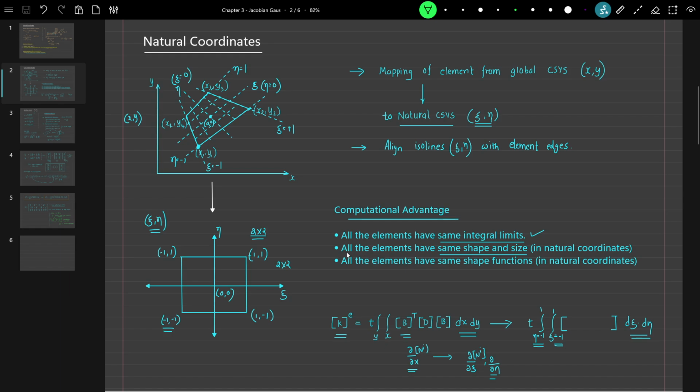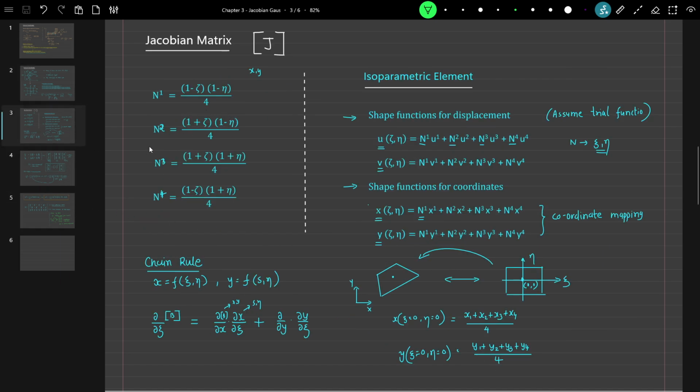When we transform the elements to natural coordinates, all the elements will have the same shape and size, and also the same shape functions. So that is the computational advantage with natural coordinates.